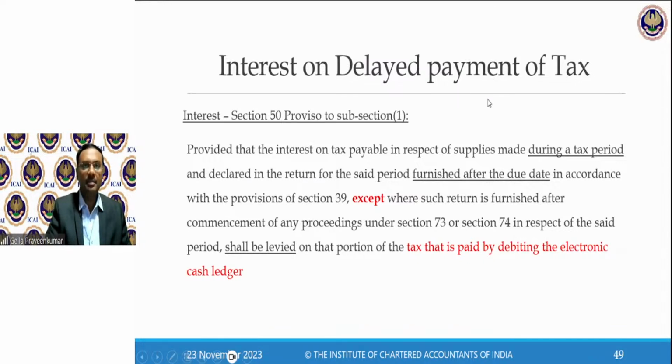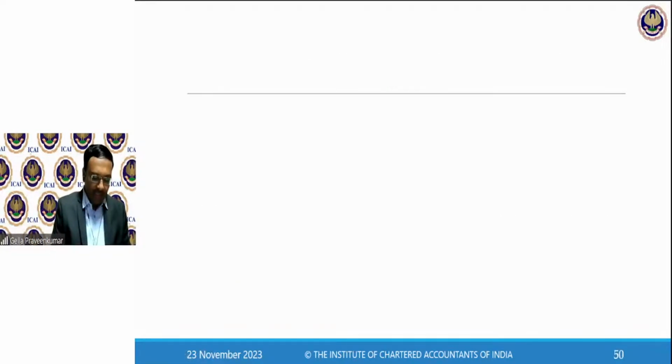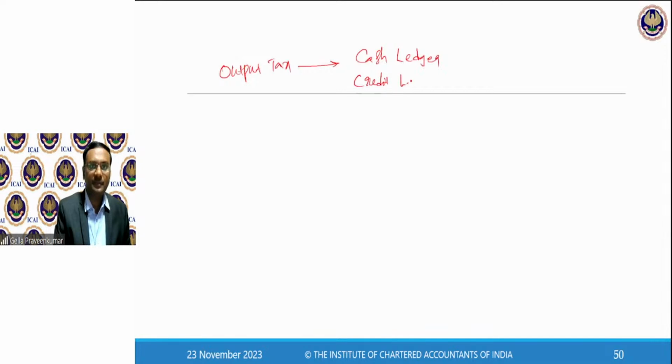I'll insert one blank screen. Let me do that. Now, when I talk about my output tax, we keep in mind that this output tax can be paid using the cash ledger or the credit ledger, right?